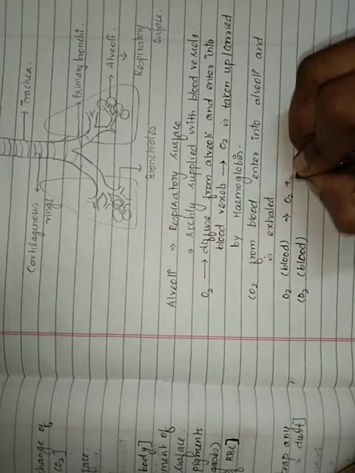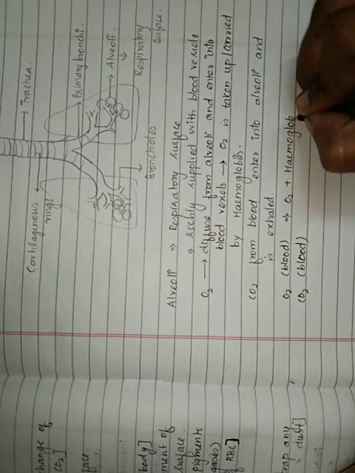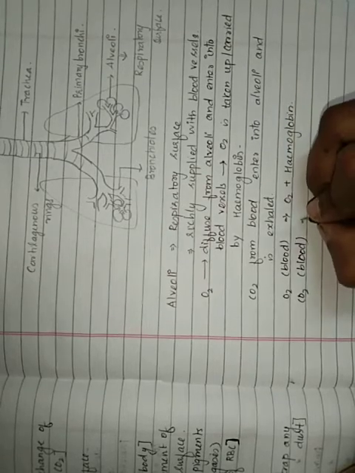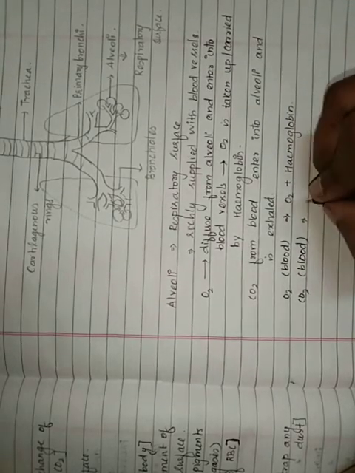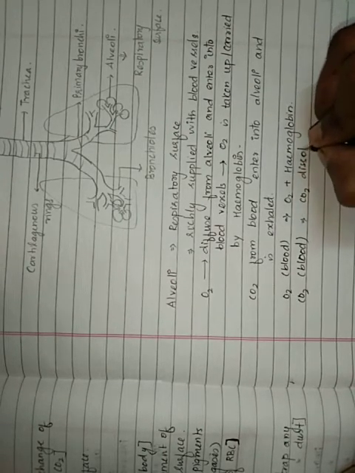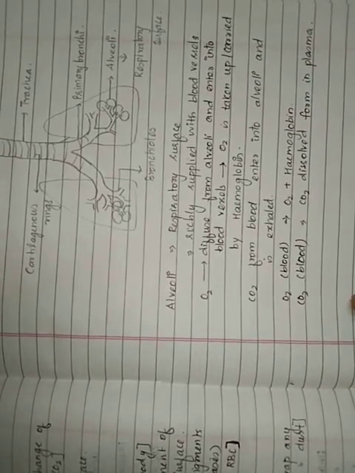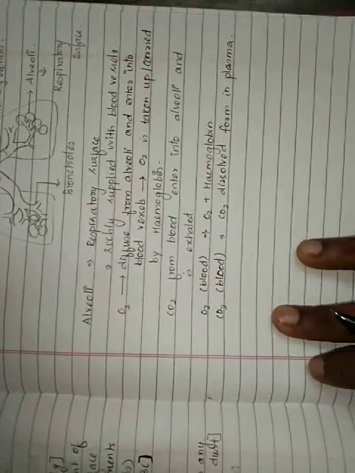So oxygen is carried along with hemoglobin, whereas carbon dioxide easily dissolves in blood. So carbon dioxide is going to travel in dissolved form in plasma. You will be studying in higher classes what the dissolved form of carbon dioxide carried in the plasma is. So this is how oxygen and carbon dioxide are carried.